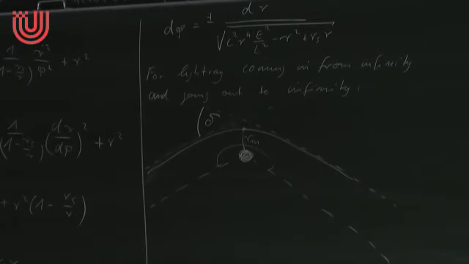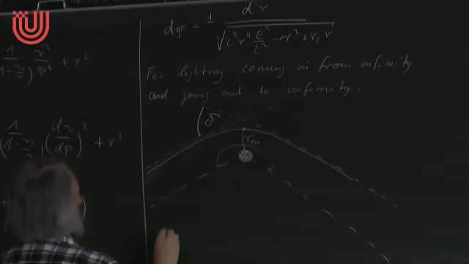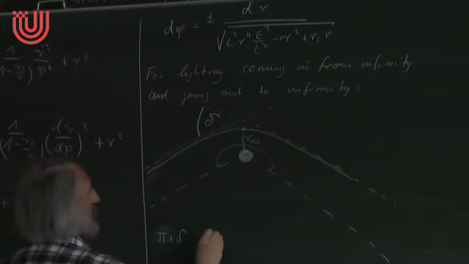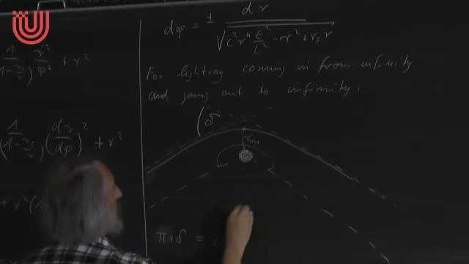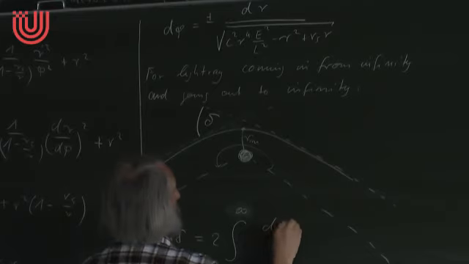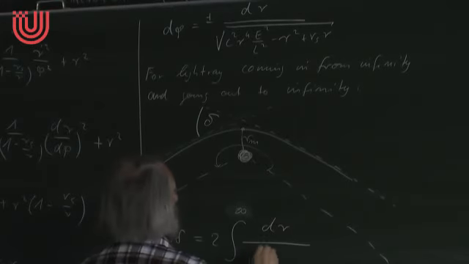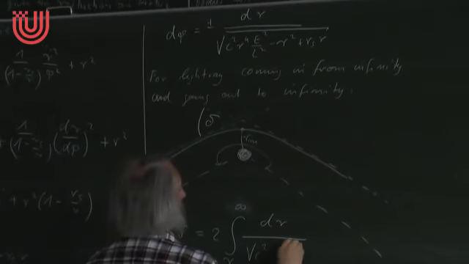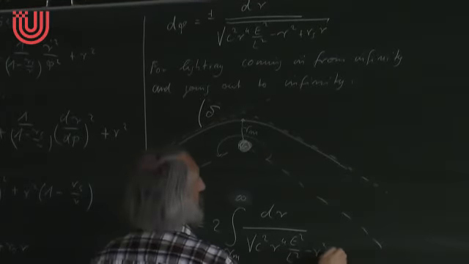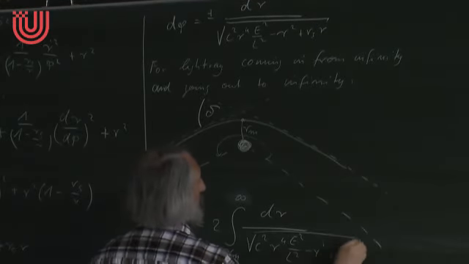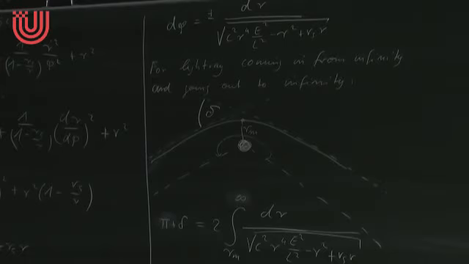So I can write that pi plus delta, that's the integration of the left-hand side, must be equal to 2 times the integral from Rm to infinity of the right-hand side of this expression there: dr over the square root of c squared r^4 e squared over l squared minus r squared plus rs r.